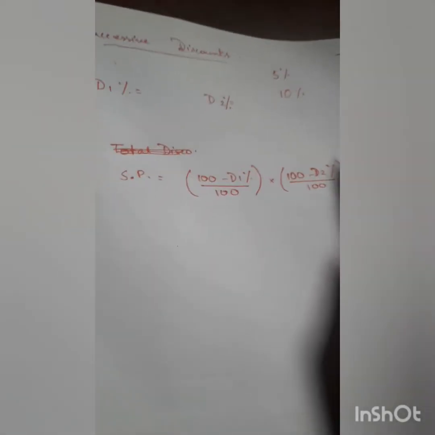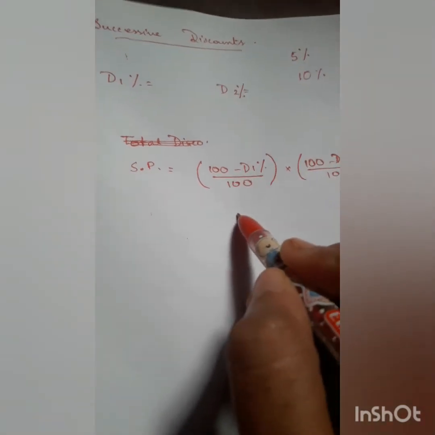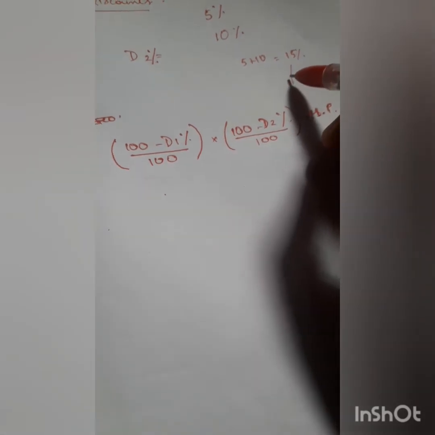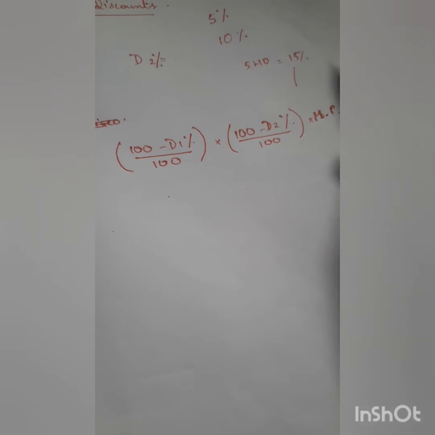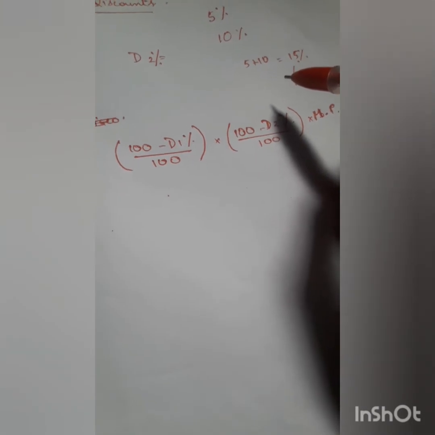Now always remember, successive discount does not mean the total of two discounts. That is, if I add 5 and 10 together, which comes out as 15%, and then just put it in the formula of discount, where I first find out the discount and then I find out SP, that will not do.